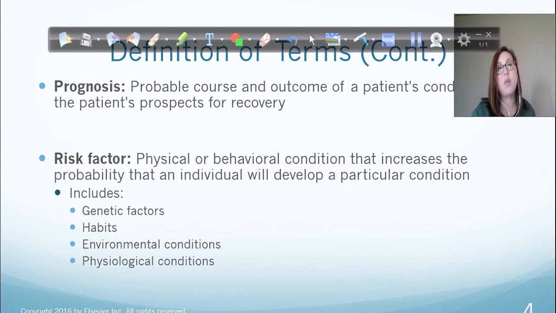Prognosis. This is the probable course and outcome of a patient's condition, and then the patient's prospects for recovery, or their estimated recovery. So with prognosis, nothing should ever be promised that they're going to be cured.